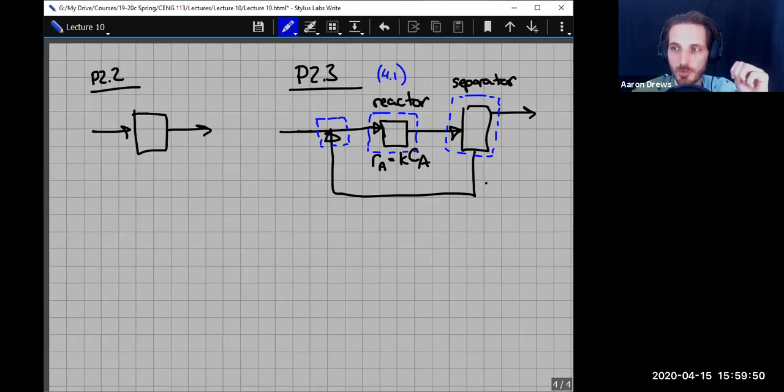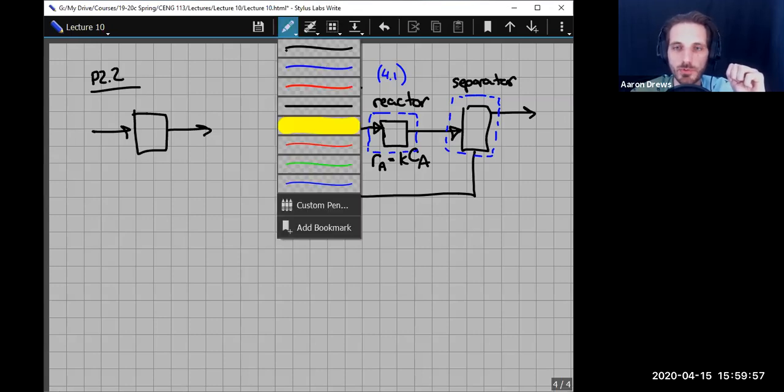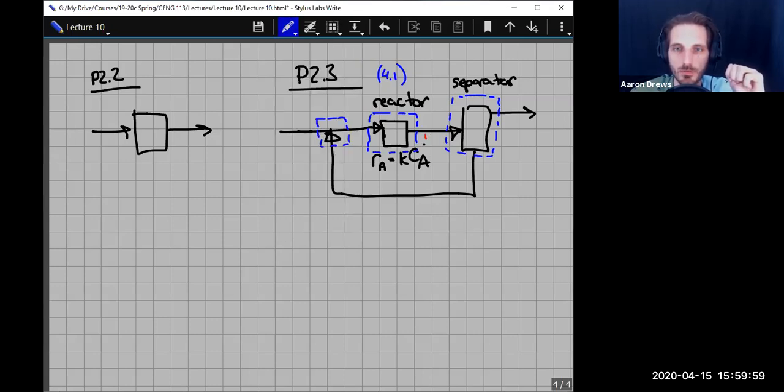It's not my intent to trick you with that specification there about removing 60% of the unreacted ethylene glycol. What that means is if there were 100 moles of A here, there would be 60 moles of A here and 40 moles of A here. And so one of the implications is you can solve that problem just by tracking A. You don't really have to worry about B if you don't want to.